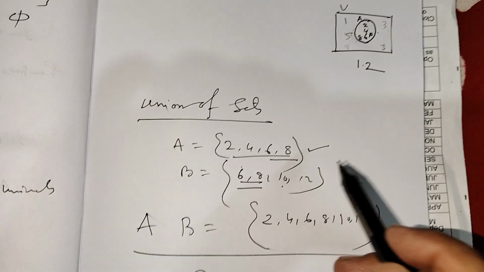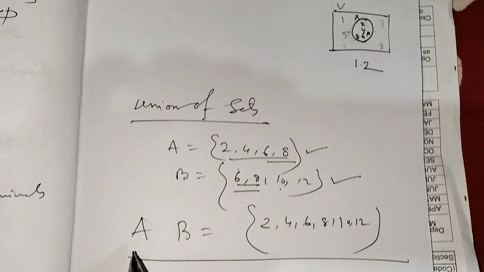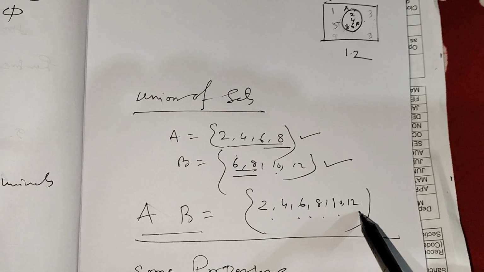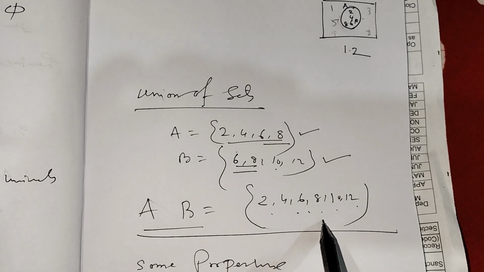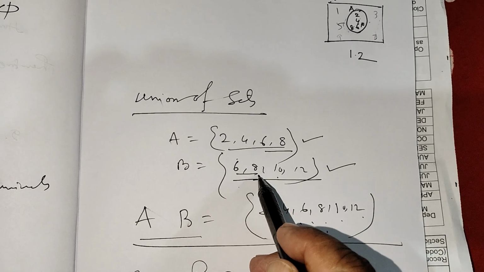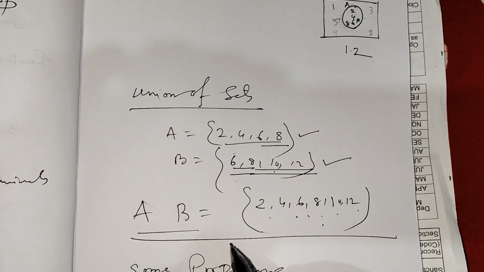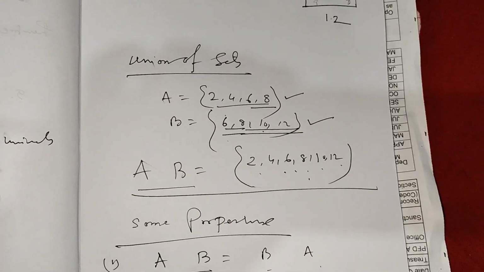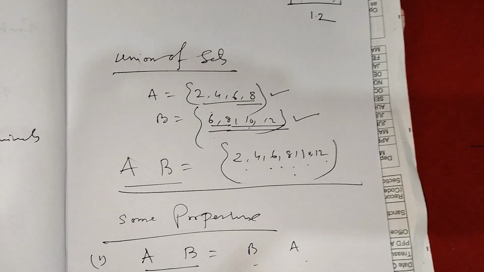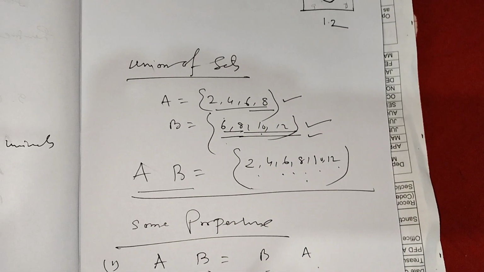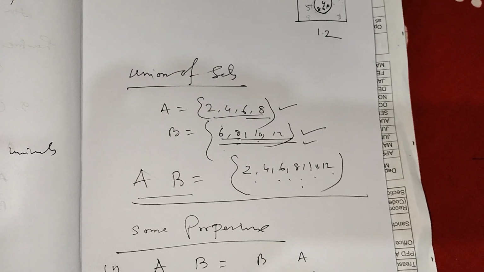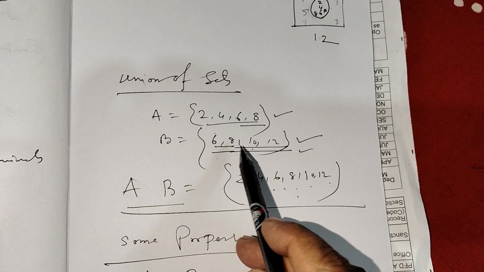And B union A: we first write 6, 8, 10, 12, and then the rest, with the common ones 2, 4, 6, 8 not repeated. So A union B is equal to B union A.